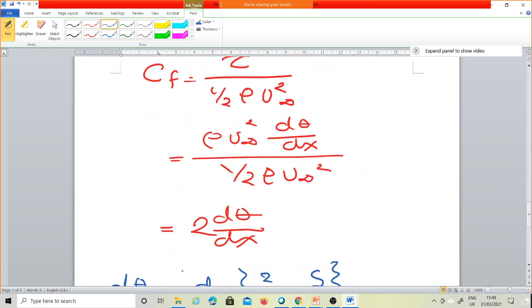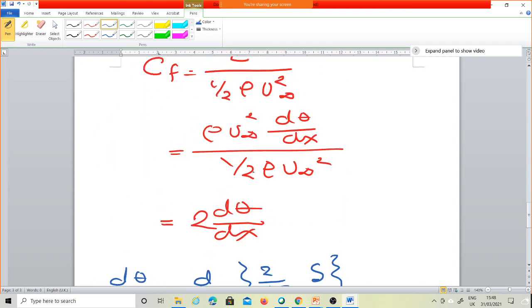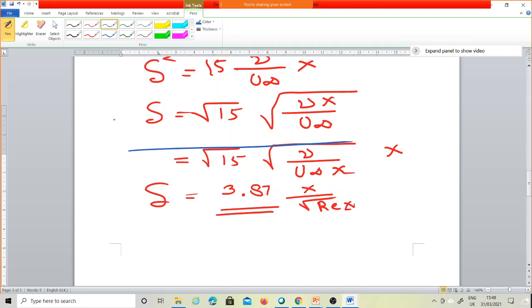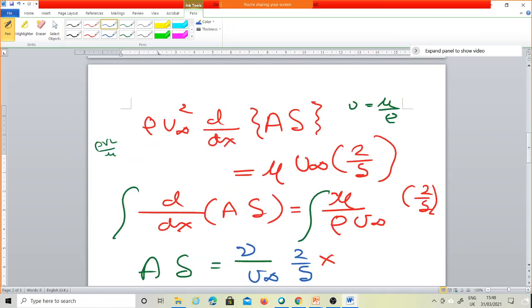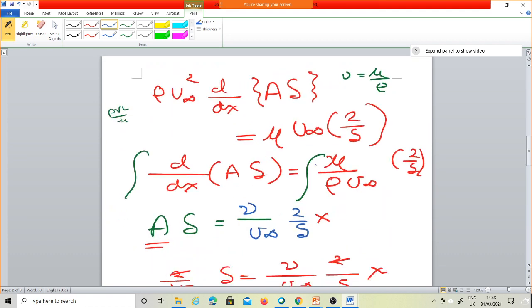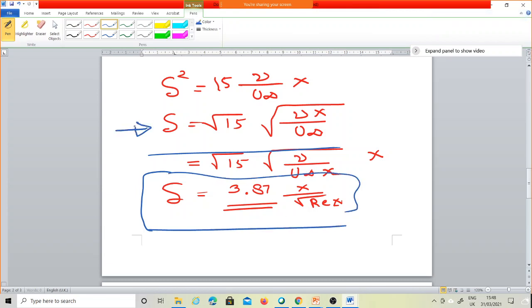If you get d theta by dx like this, then you know that you also got delta in this way, right? Delta is how much? Root over of 15 mu x by u infinity. Or you can substitute the value of delta like this, up to you. You want to put this one, should be okay, but more or less you need to change it to this form.